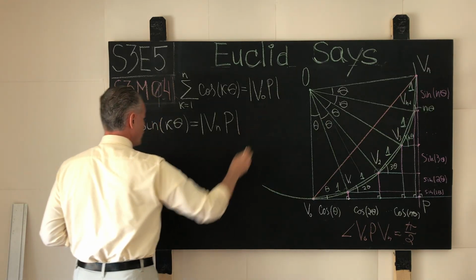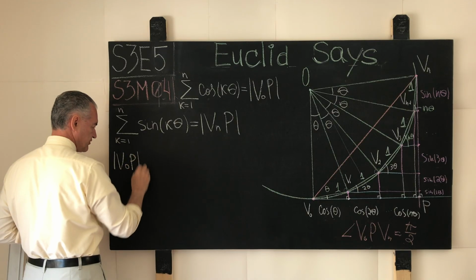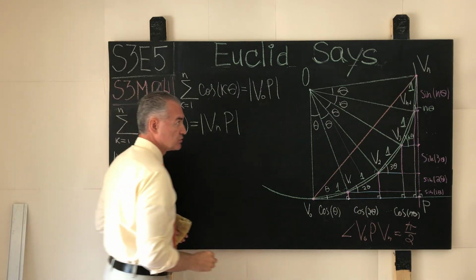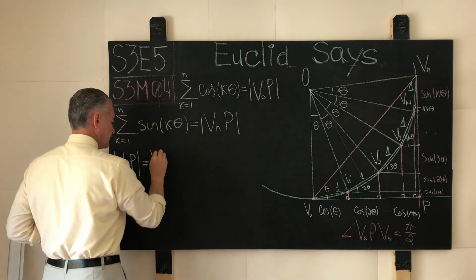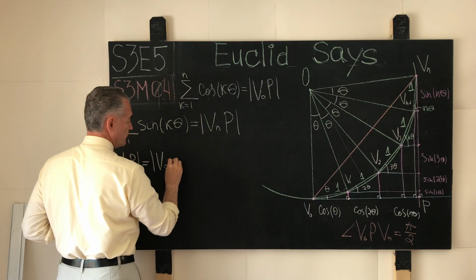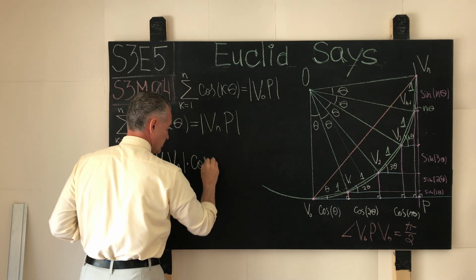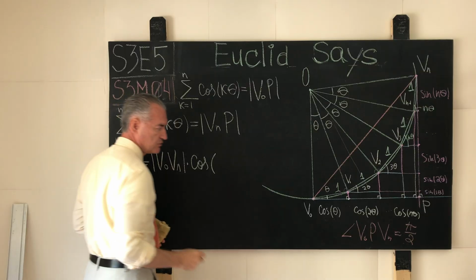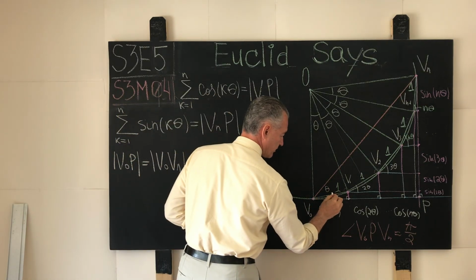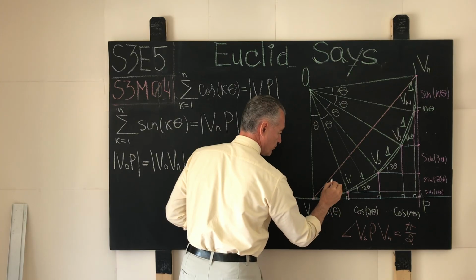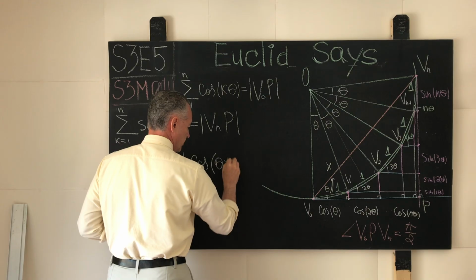And what do we have for the length of the line segment V0P? It is equal to what? To the length of the line segment V0Vn times the value of the trigonometric function of cosine evaluated at what angle? Theta plus, let's call this angle right here, we'll call it x. Theta plus x.